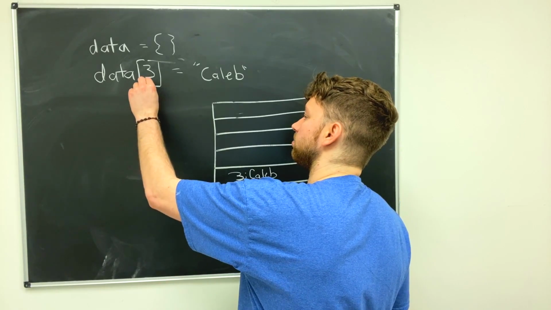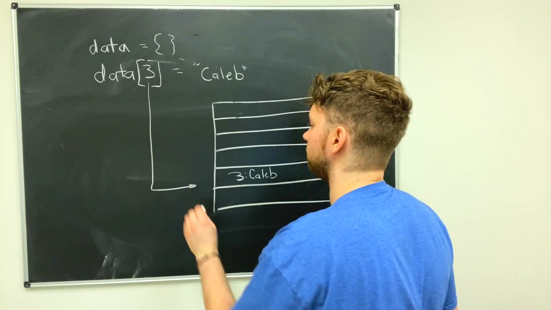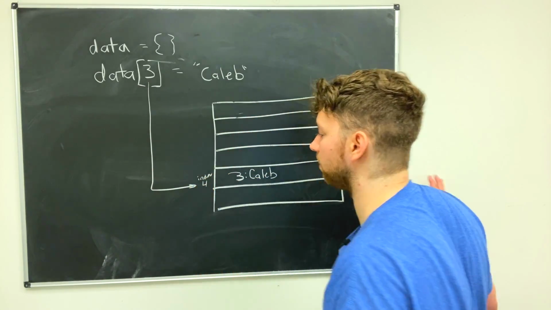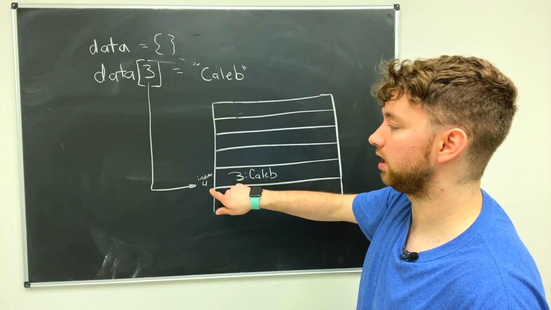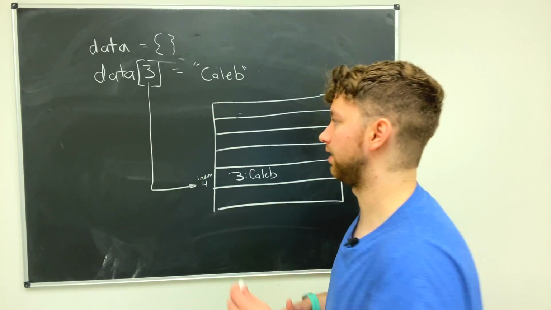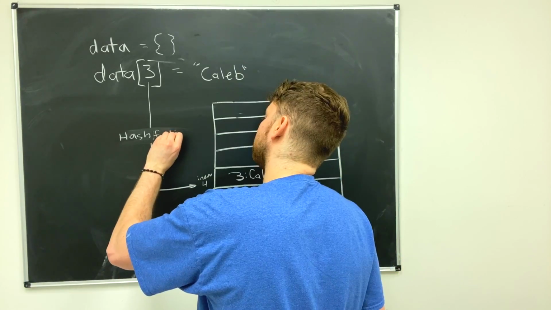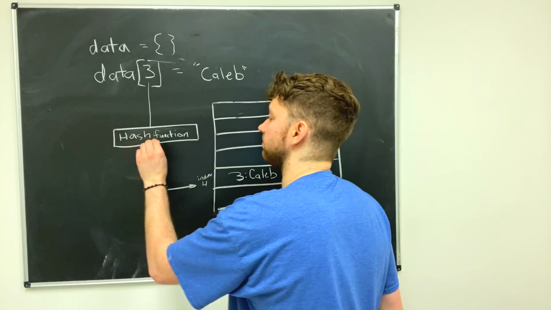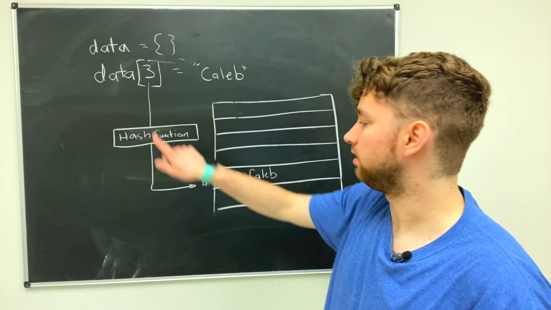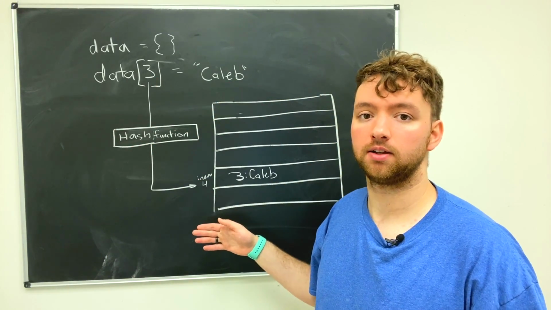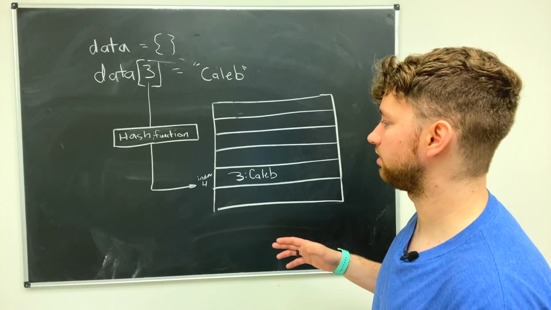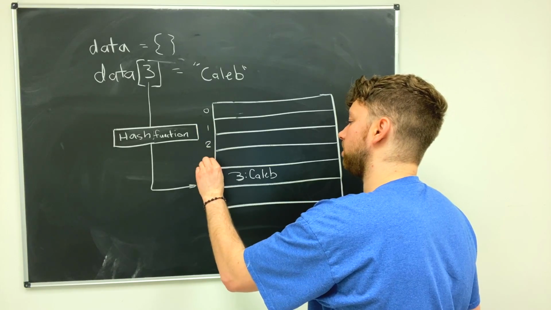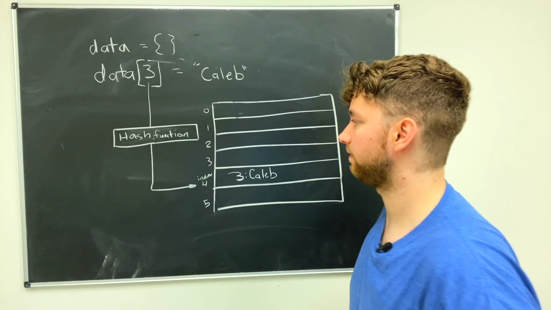So the way it goes from 3 to index 0, 1, 2, 3, 4, so this is index 4, the way it goes from here to here is done in the hashing algorithm. So there is some hash function that does a transformation on this key to get some position in memory. And it's got to be, in this situation, either index 0, 1, 2, 3, 4, or 5.